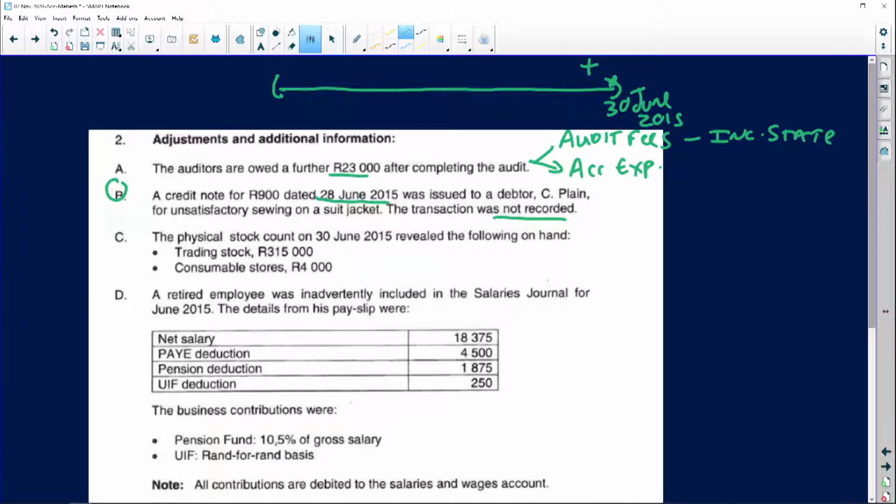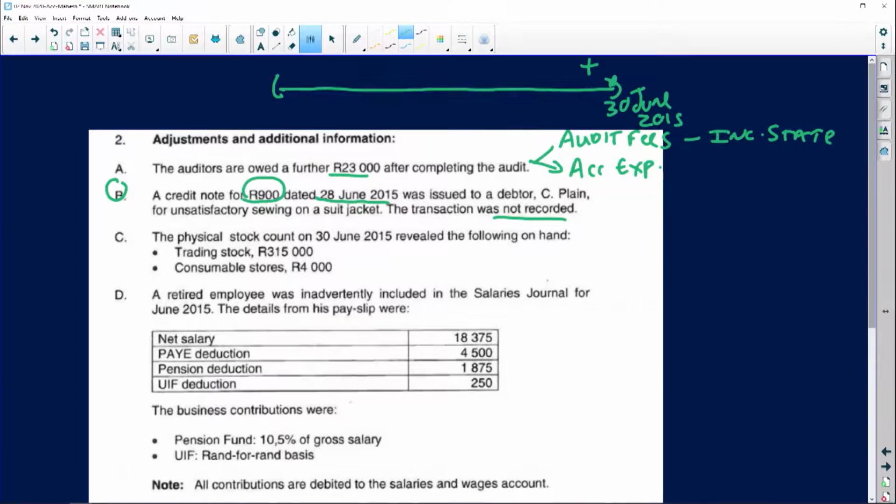So he has been granted a credit note of 900 Rand, a reduction of 900 Rand. So the two accounts that will be affected with this 900 Rand will be fee income, because remember, the business obviously rendered a service, and the other account affected is debtors control.